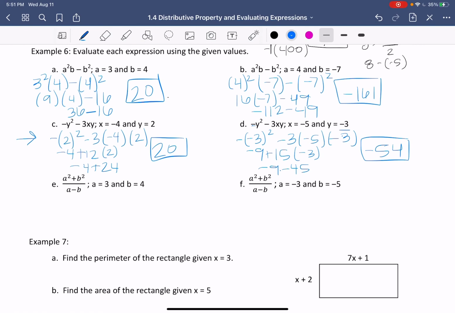Let's look at E. We have a squared plus b squared over a minus b, where a is 3 and b is 4. So we're going to have 3 squared plus 4 squared over 3 minus 4.